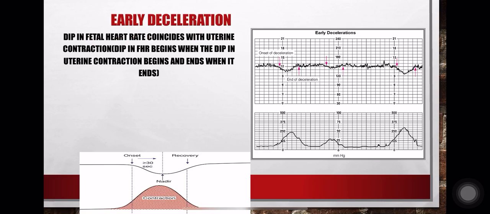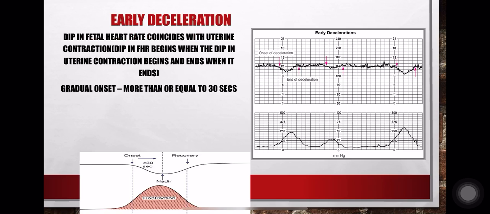Early deceleration. Look at the picture shown below. Here, the first wave denotes the fetal heart rate and the second wave denotes the uterine contraction. Here, there is a decrease in fetal heart rate with increase in uterine contraction. So, the dip in fetal heart rate coincides with uterine contraction.